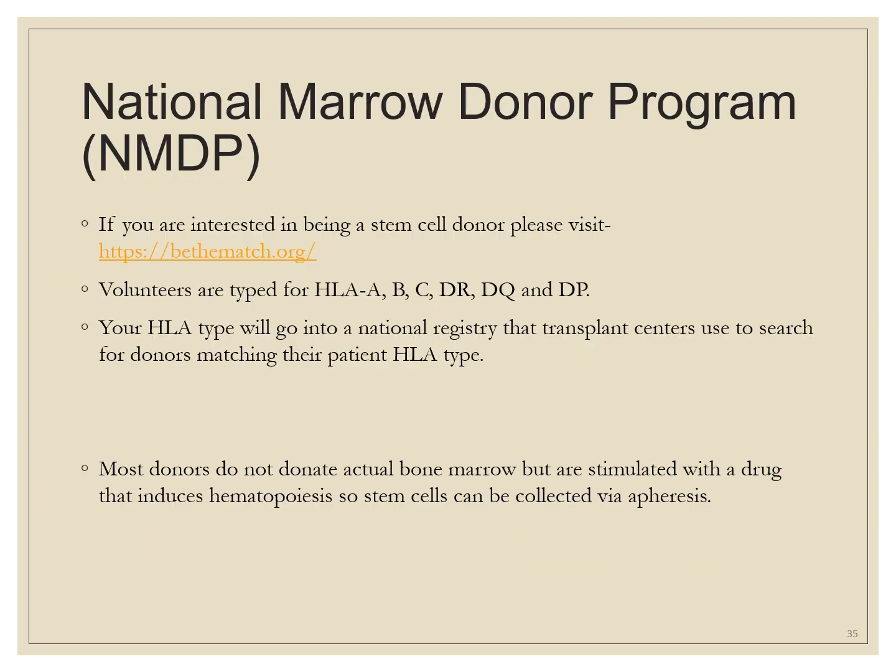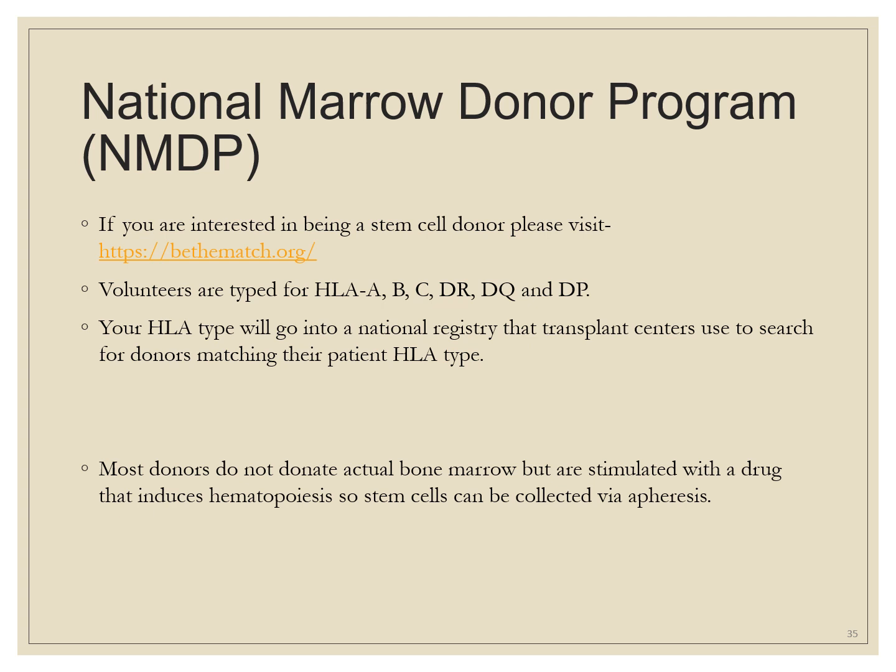And that's a good segue into the NMDP, the National Marrow Donor Program. Anyone can sign up for this. They'll send you a swab in the mail, and then they'll do your HLA type. Your DNA type will go into a registry so that if a patient needs your HLA type, you'll get a call asking if you're willing to be a donor.